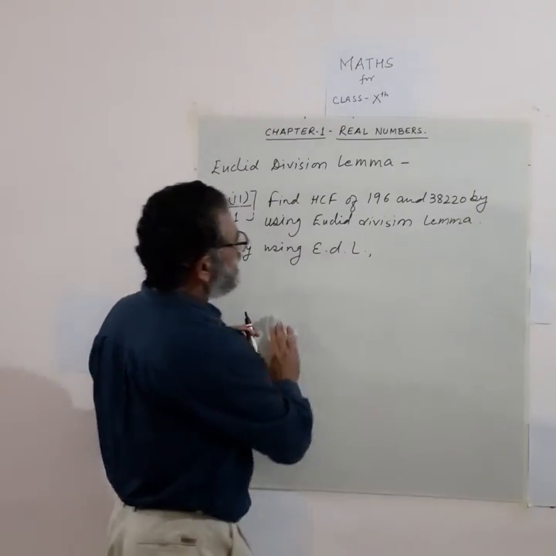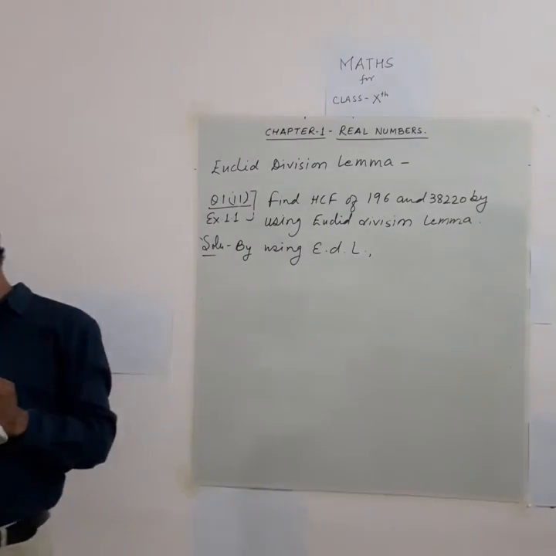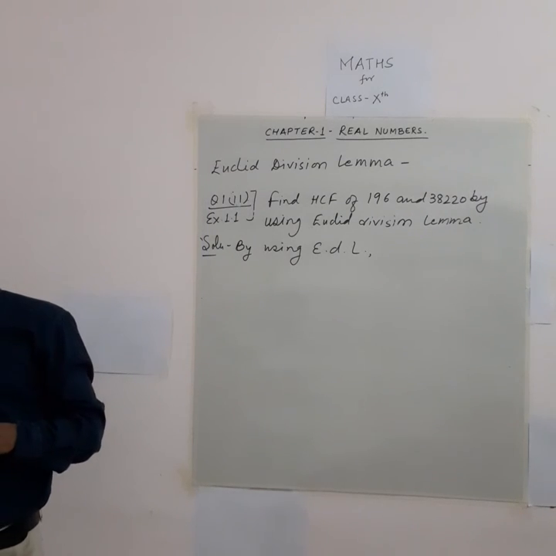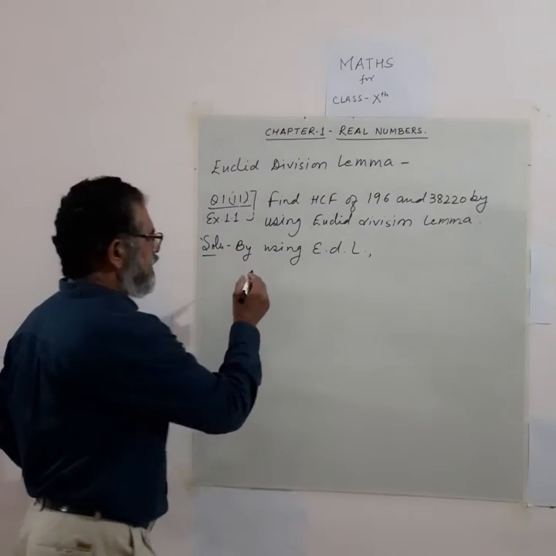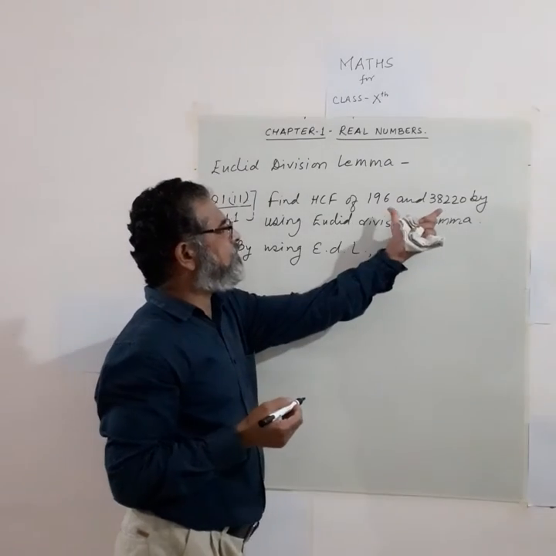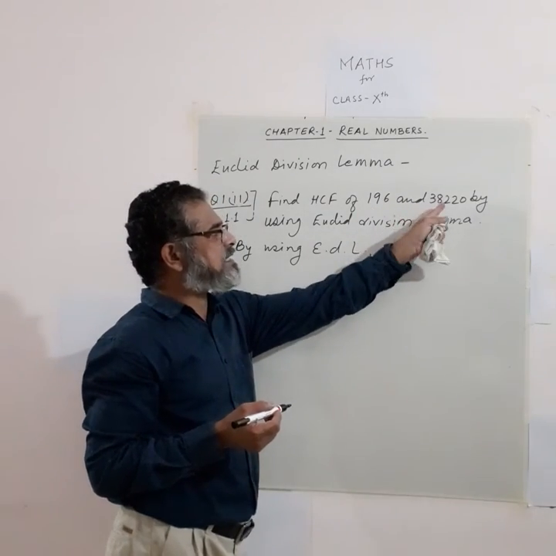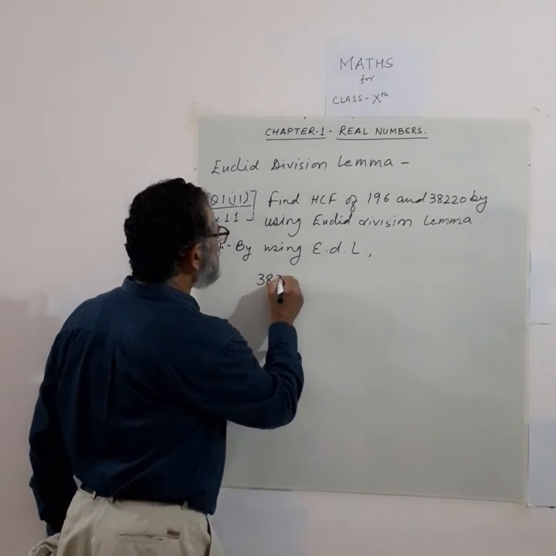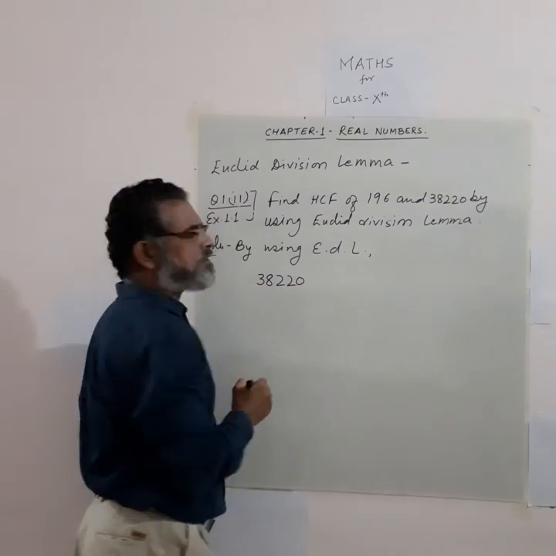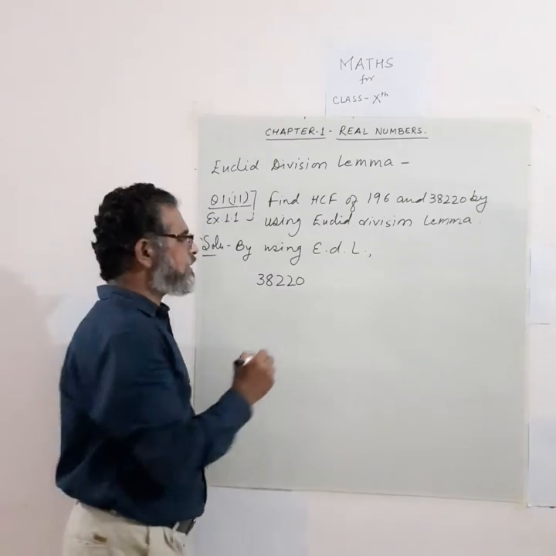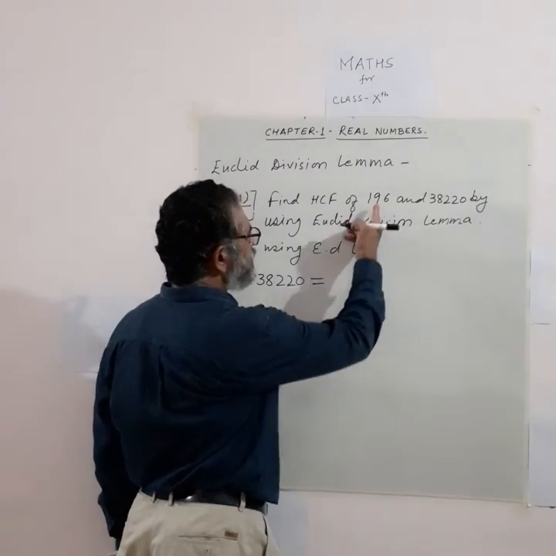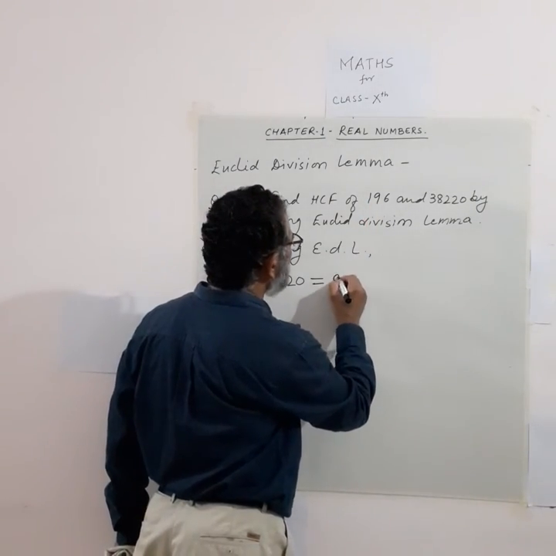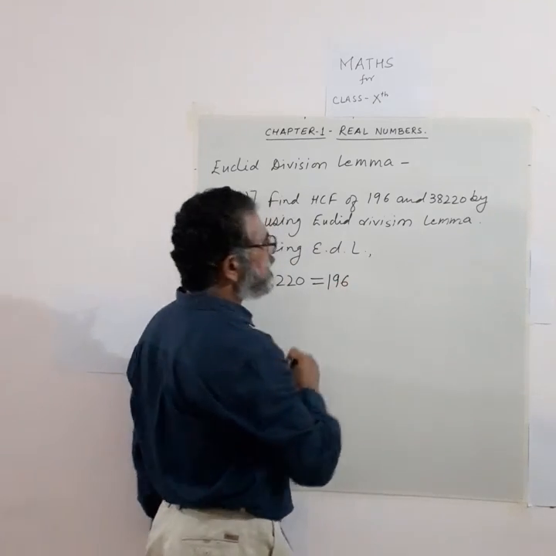I think this is a very simple question. Again, find which of these two numbers is greater. Clearly 38,220 is the greater number. So what will be the divisor? 196 will be the divisor.